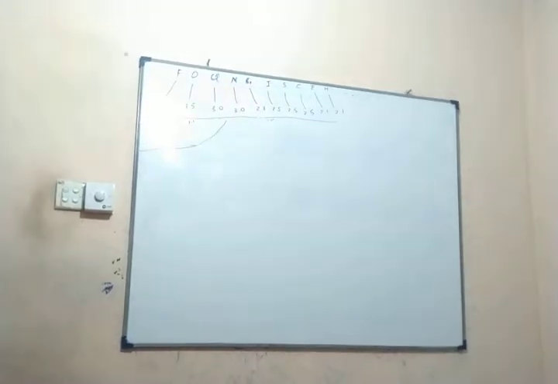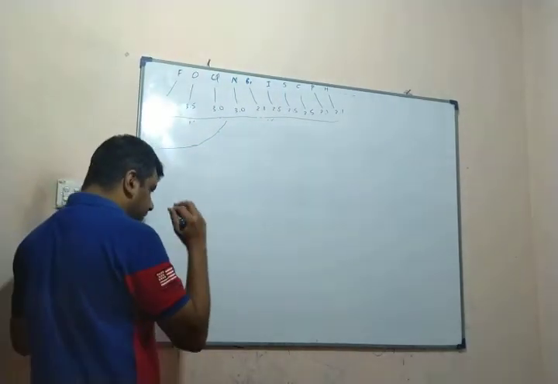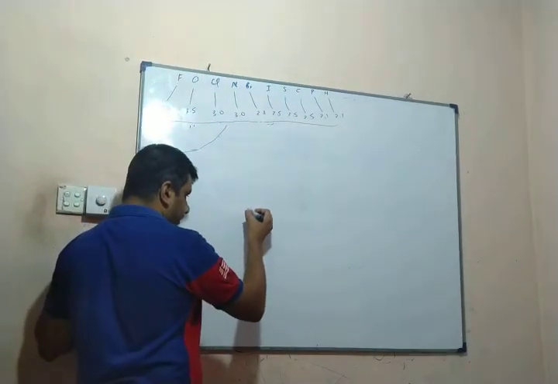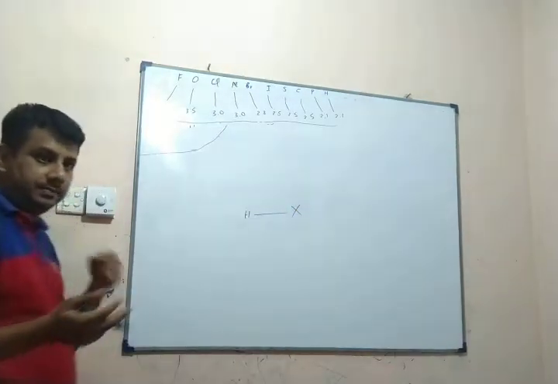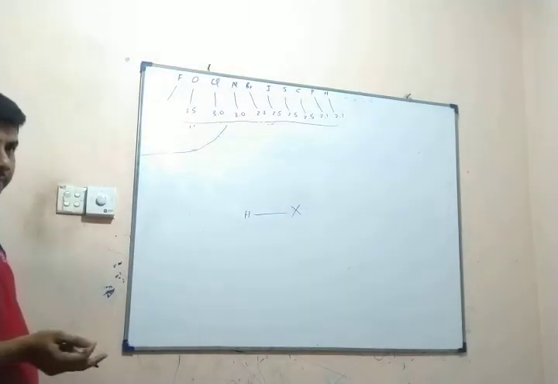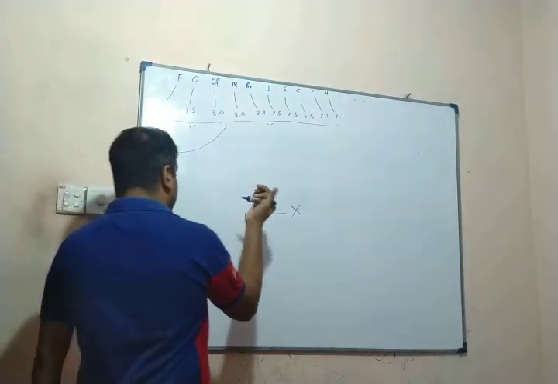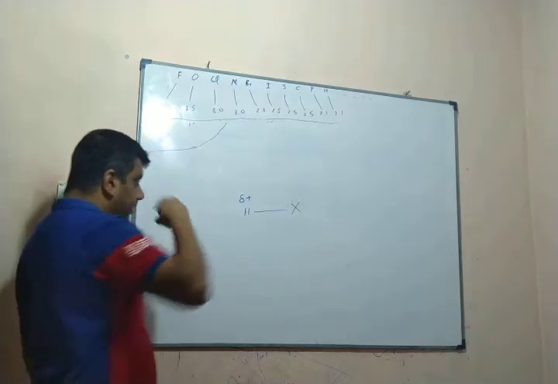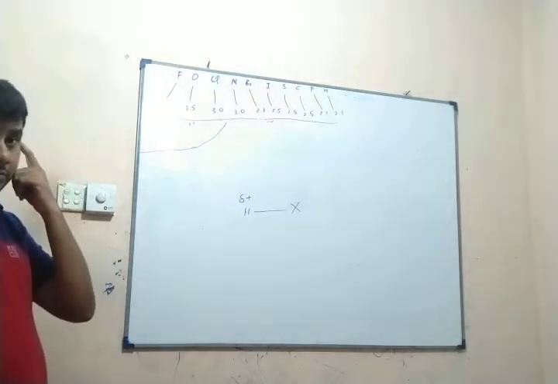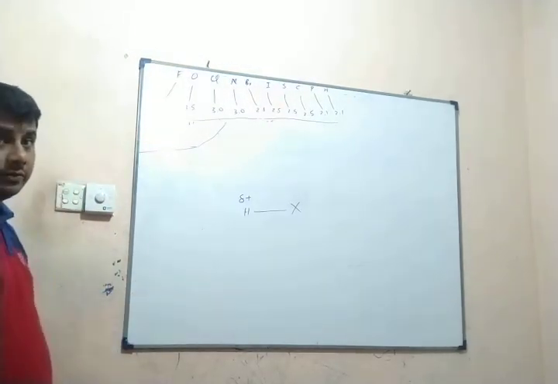Special type means what? Positive pole should be hydrogen and negative pole should be anything. Positive pole must be hydrogen. What about the negative pole?